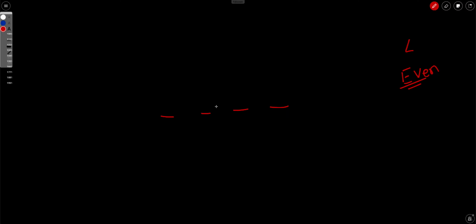So if the length is even, we are sure that whatever we'll put here, the same will come here, and whatever we'll put here, the same will come here because this has to be a palindrome, right? So in a way, we just need to fill the first half. If we just fill the first half, the other half is just the mirror of this first part.